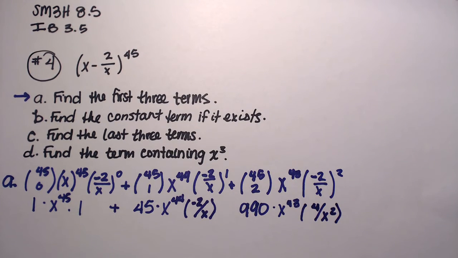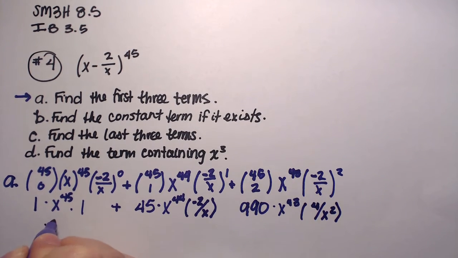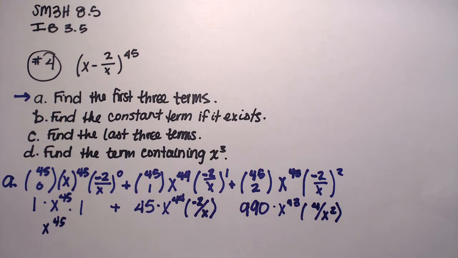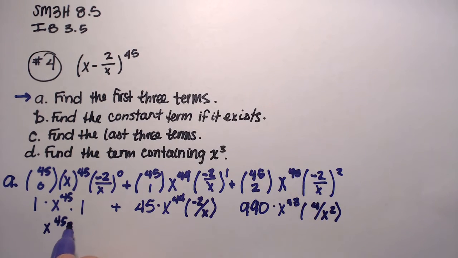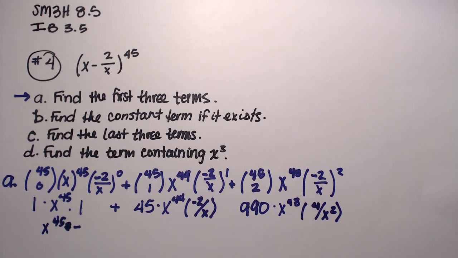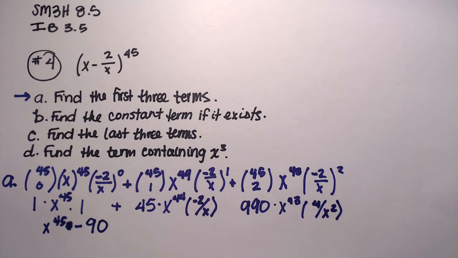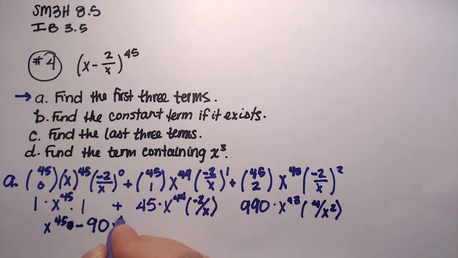So when I go through that, I get x to the 45, plus, well, actually it's going to be minus 45 times 2 is 90. And then I'm going to have x to the 44th power divided by x. So it's going to be x to the 43rd.